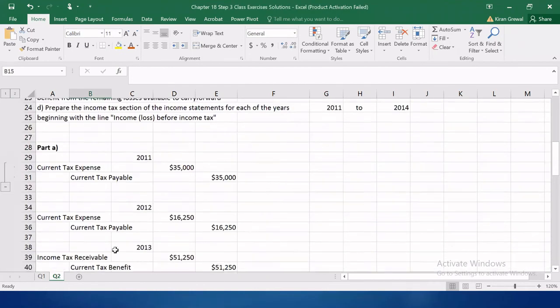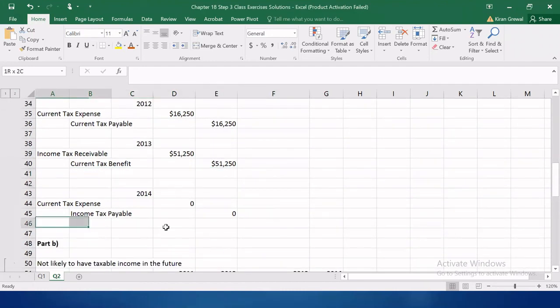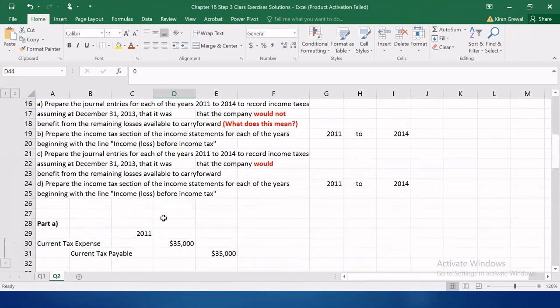But we never recorded an asset for 2013, so we're not going to reverse our asset because we didn't record anything. Even though we didn't record a deferred tax asset in 2013, we can still use a loss to bring down our income. So we thought it was unlikely that we would be able to use it, but it turns out it was, and we were able to use it, so we can still bring it down.